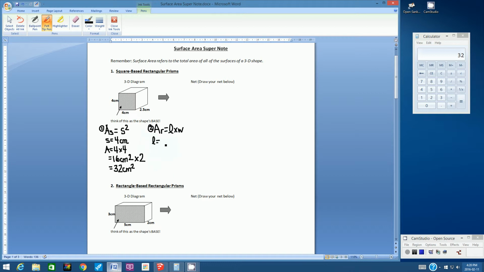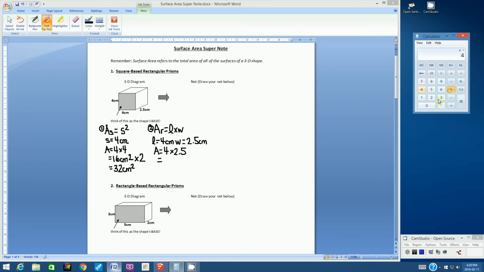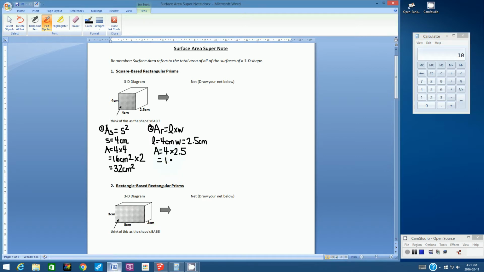Length, the longer side, is 4 centimeters. Width, the shorter side, is 2.5 centimeters. Let's substitute this into our formula: 4 times 2.5. Please use your calculator. And I get a total of 10 centimeters squared.